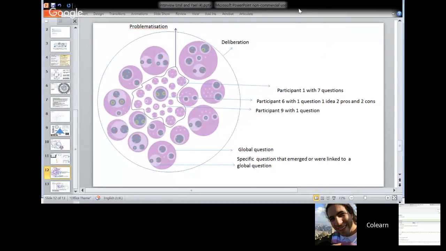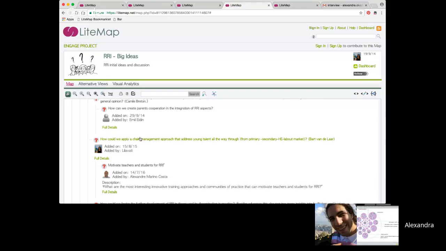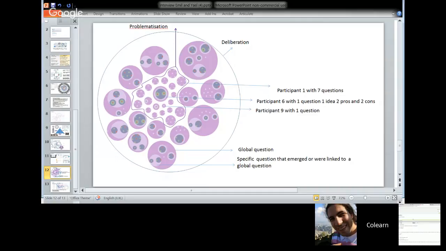Wait, let me see why you cannot see. Just a minute, I need to go to the computer. I see it in a small square, but I can't see the whole. What I see big is the Lightmap, Engage project, RI, big ideas. I see the questions that you showed me before, but the bubbles I cannot see.